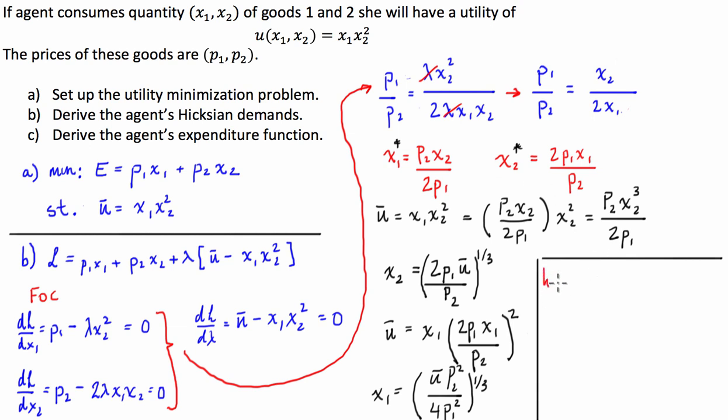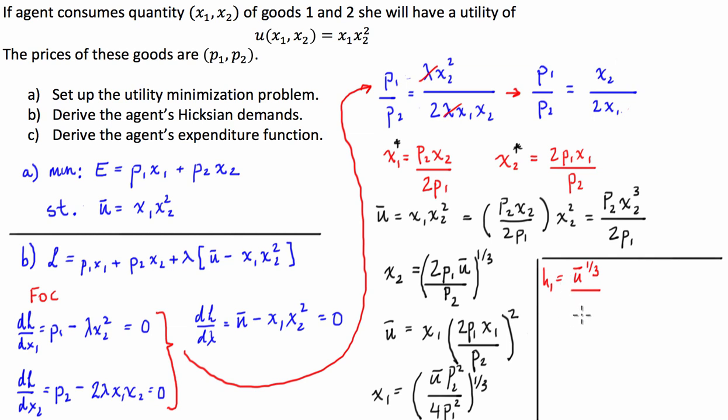Our Hicksian demand for x1 is going to be equal to u to the power of 1/3 over 4 to the power of 1/3.